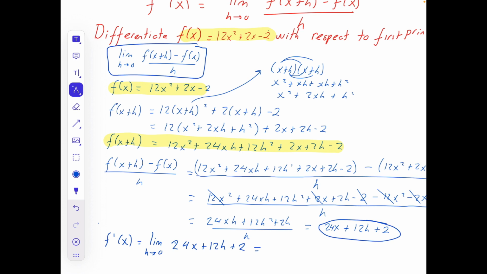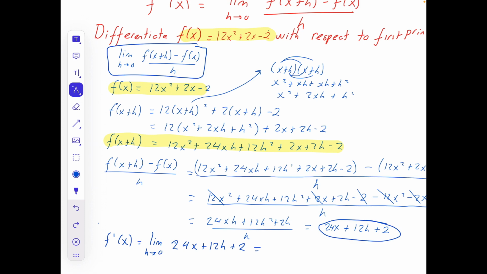Now, once you get to this stage, what a limit really is, is looking at what's going to happen as h gets really, really close to 0. So if h is, we're going to say, 0.1, h being 0.1 isn't going to affect the 24x, and it isn't going to affect the 2.